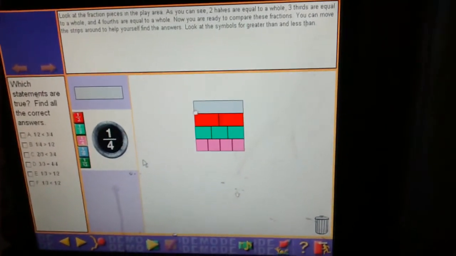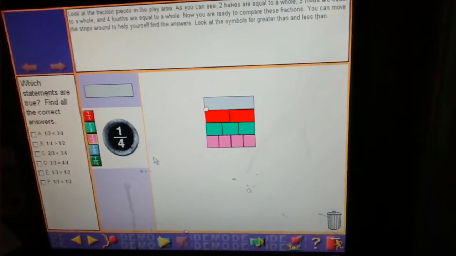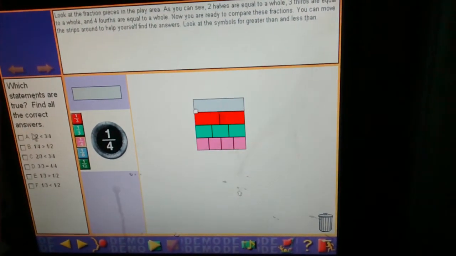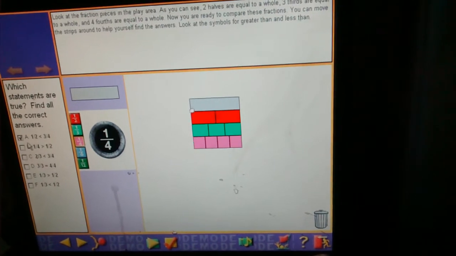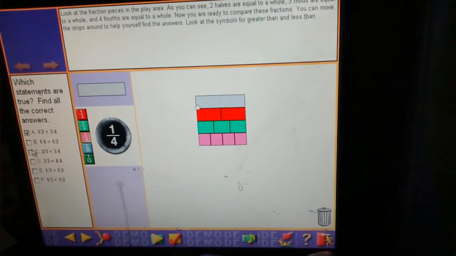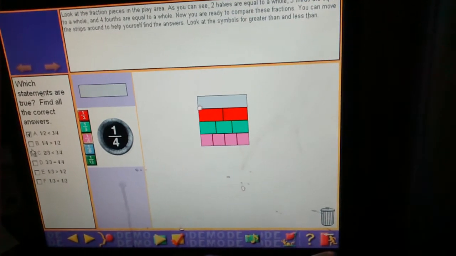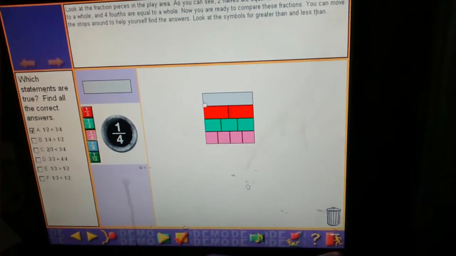One half is bigger than three fourths. Is that bigger or less? Less. Smaller than three fourths. Okay. One fourth is smaller than one half, and no. One bigger than one half, no. Two thirds bigger than three fourths?